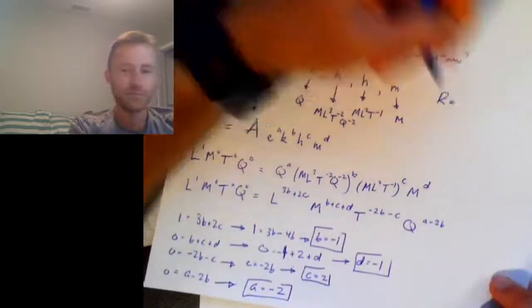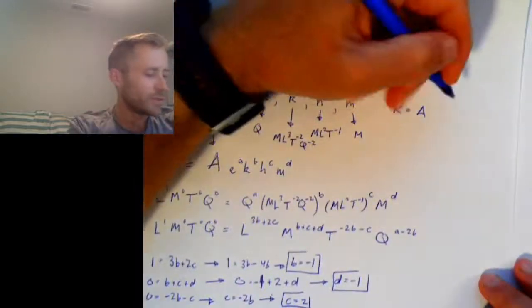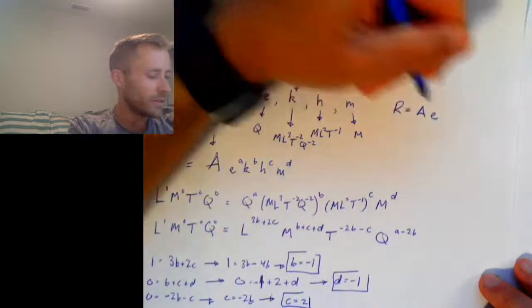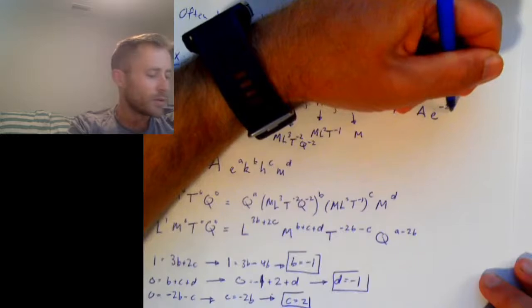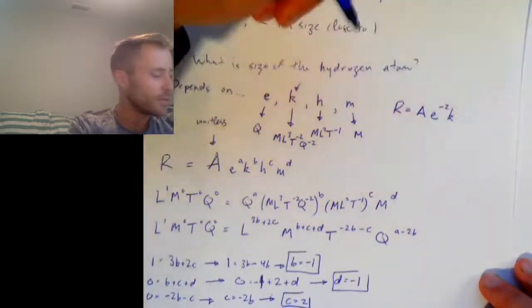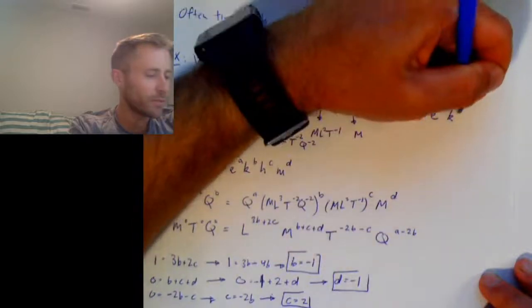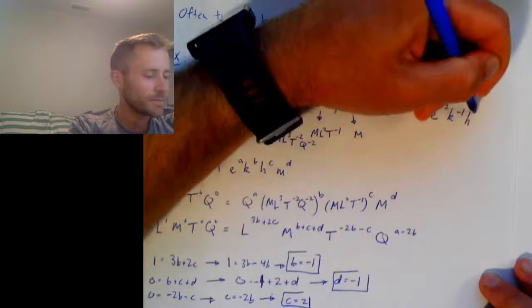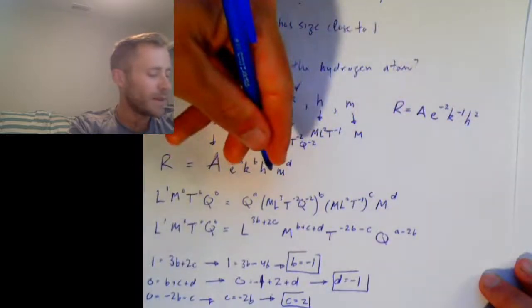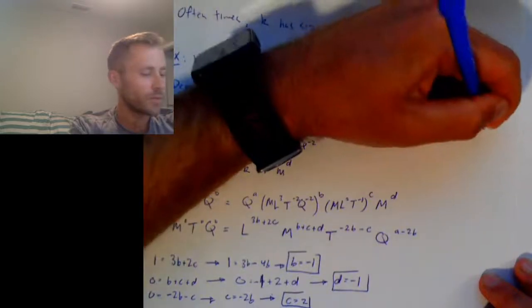So the size of the hydrogen atom is going to be a constant times e to the negative 2, Coulomb constant to the b, negative 1, Planck's constant squared, and mass to the d power, so m to the minus 1.